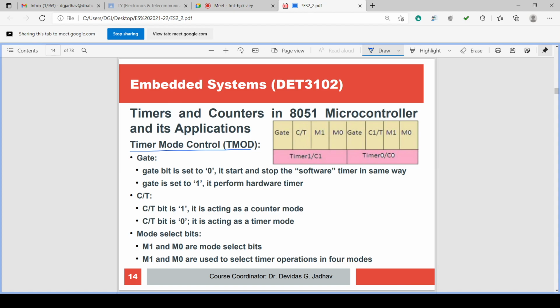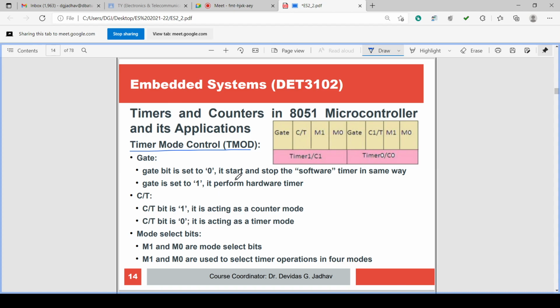The first four bits are for timer 1, C1, next four bits are timer 0, C0. So this is timer mode control, TMOD.